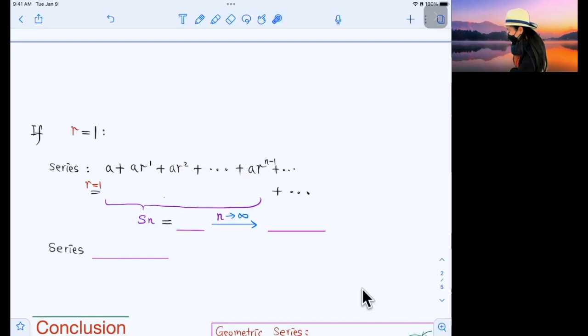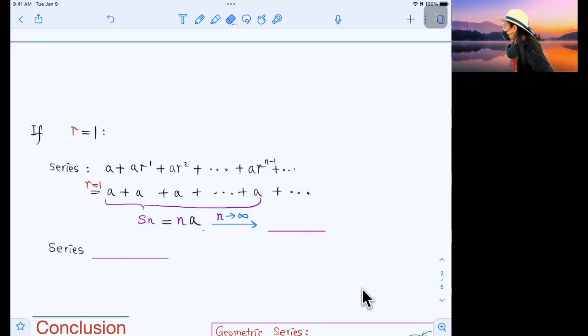So when r is 1, this is a, and this one will be a times 1, which is just a. All of them become just a. So S_n will be what? Not 1. n a, yeah, n a. As n goes to infinity, what does it go to?